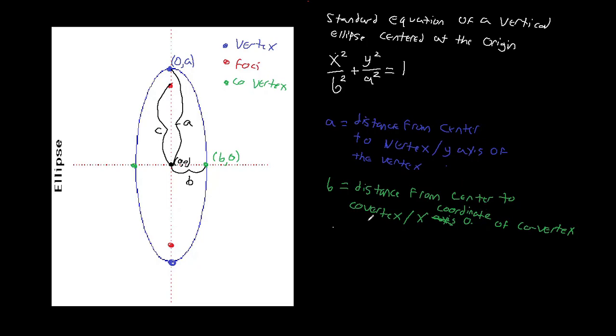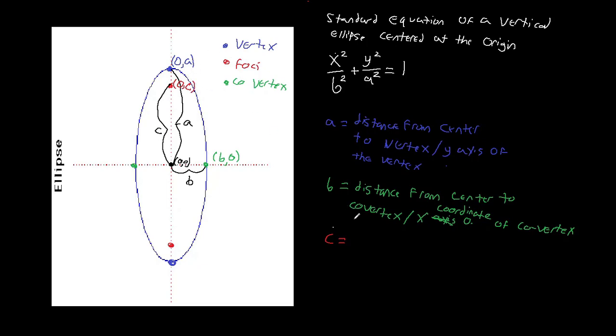And then finally we have c. Again, c is this distance here, but because we've rotated 90 degrees, the foci now have the coordinates 0 comma c instead of c comma 0.